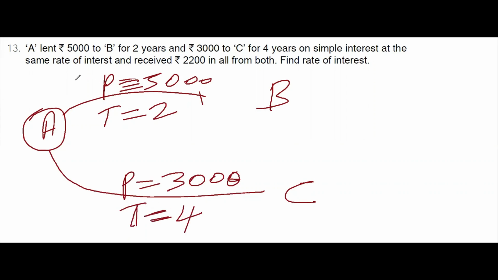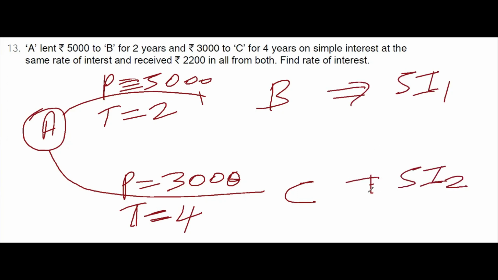On simple interest at the same rate of interest, and received 2,200 in all from both. So simple interest 1 he is going to get from here, simple interest 2 he is going to get from here, and received total how much?